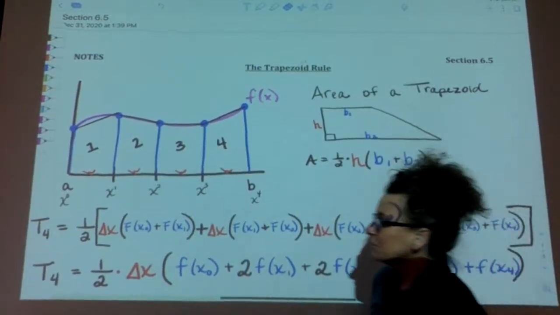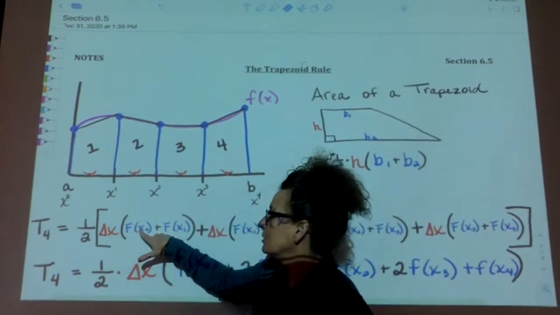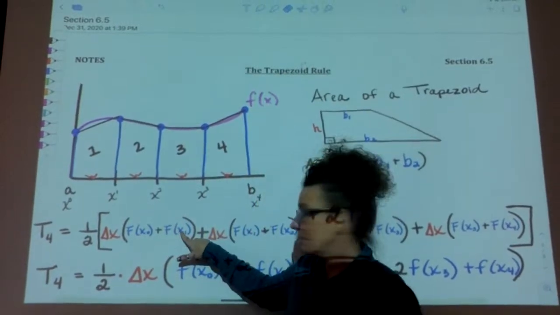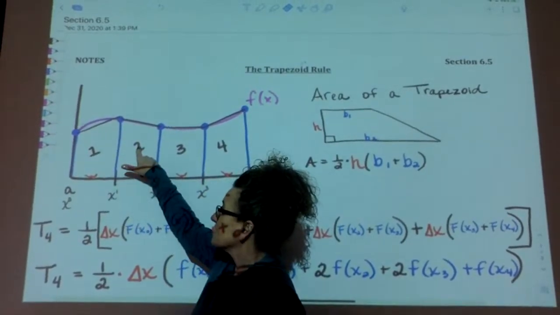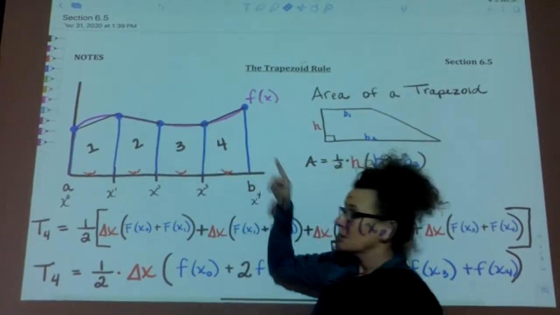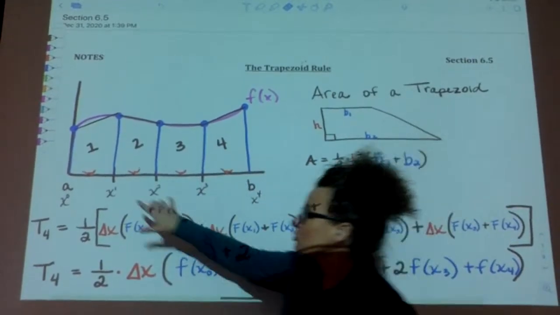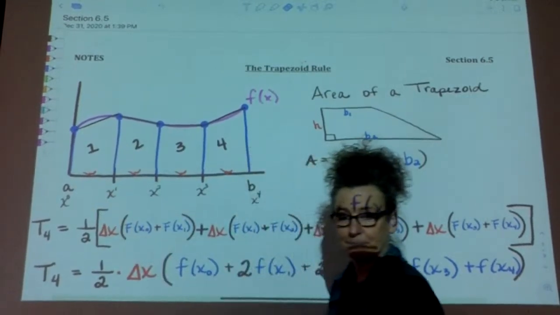Okay, you with me? Each trapezoid has its own height and its own two distinct bases. This trapezoid has this base and this base. This trapezoid has this base and this base. Now, do you see how trapezoids 1 and 2 share a base?